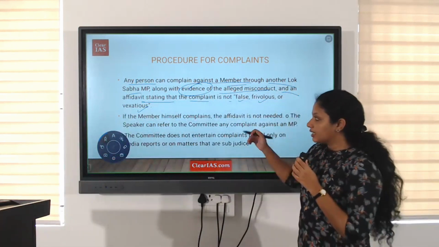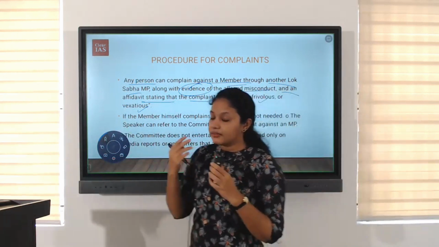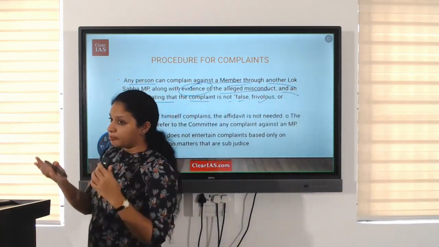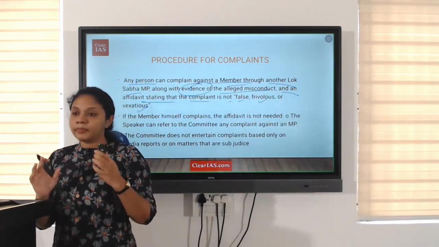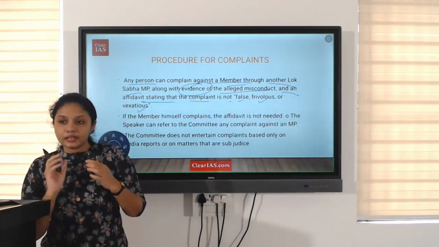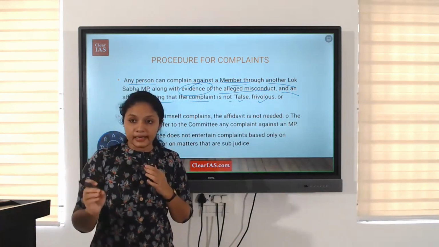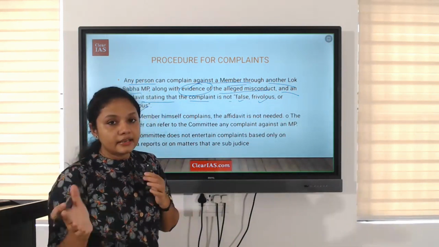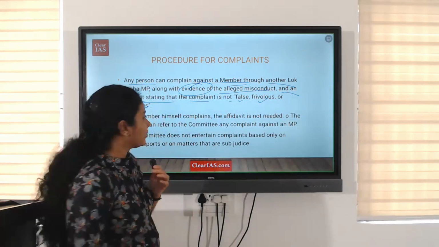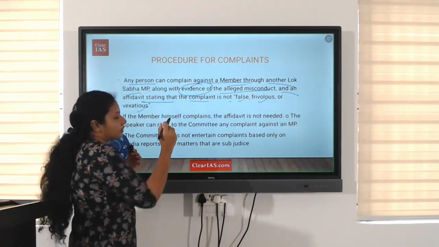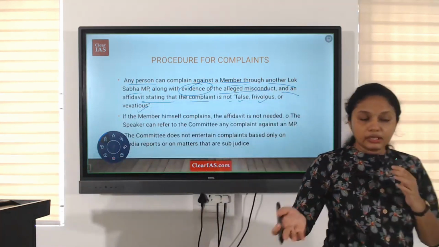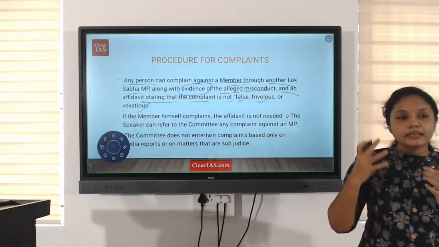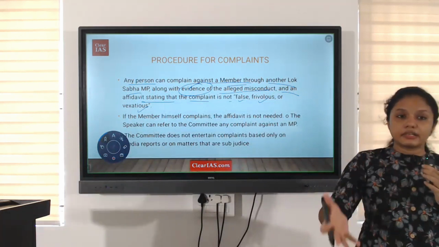So initially, any person could give a complaint through any MP of the Lok Sabha against any person in the Lok Sabha. Then an affidavit should be filed saying that it is not a false allegation. As I said before, any person through the MP could register the complaint, or else the MP can itself register a complaint.